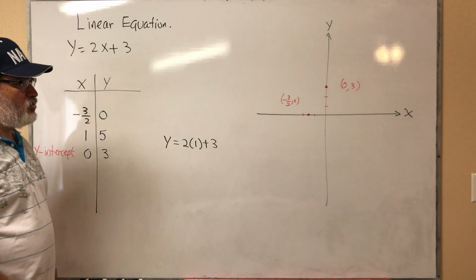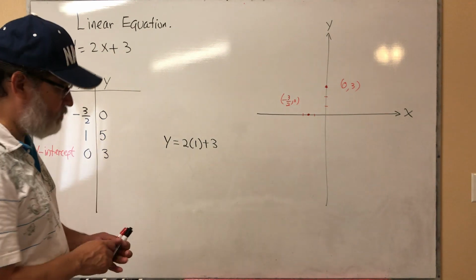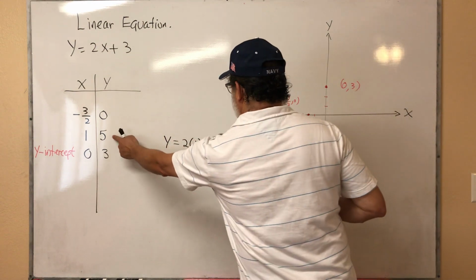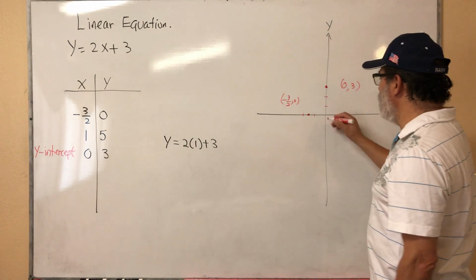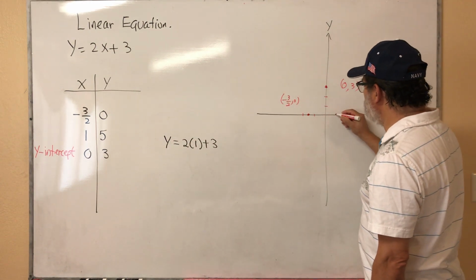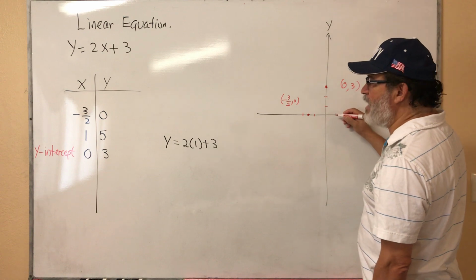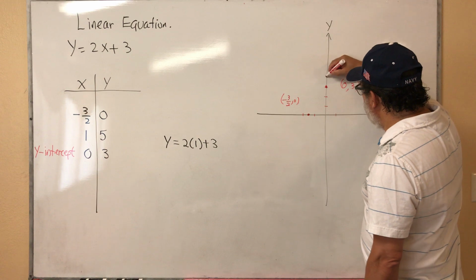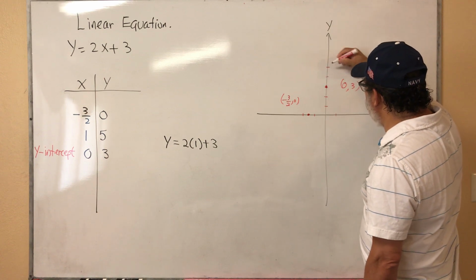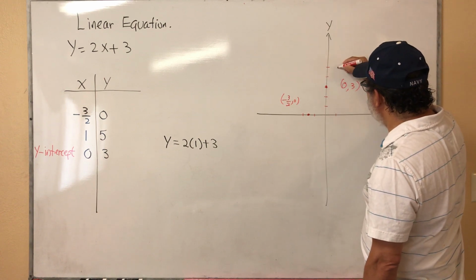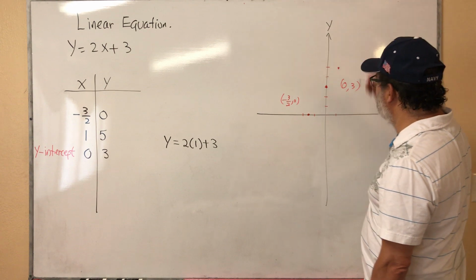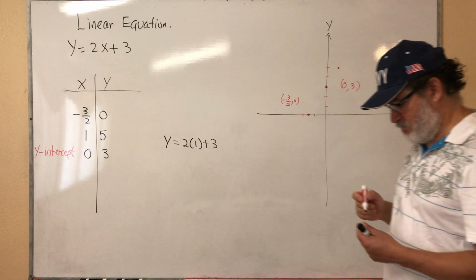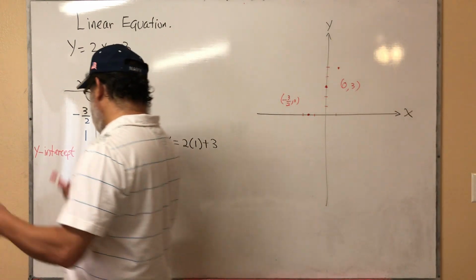Okay? So go to the origin. Here's the origin. According to this point, I'm gonna move 1 to the right, and then how many up? 1, 2, 3, 4, 5 up. Right there. Look, we're getting a line. Okay, you can do it again.